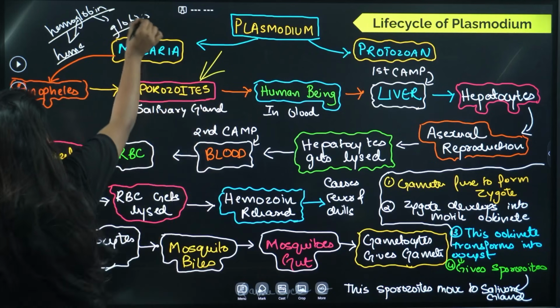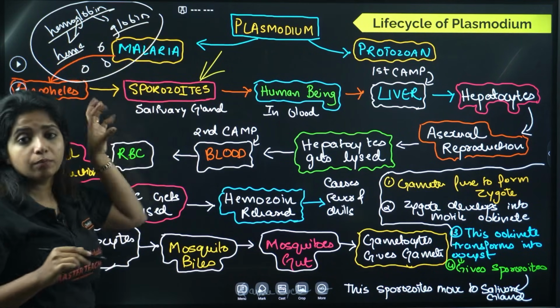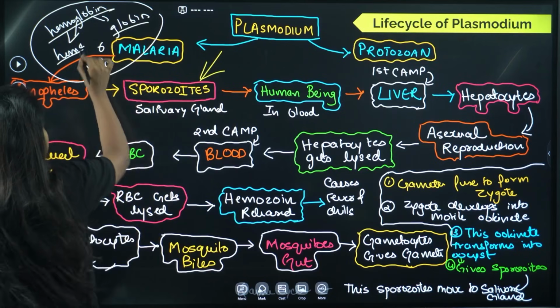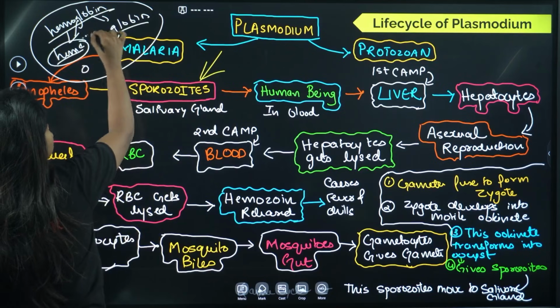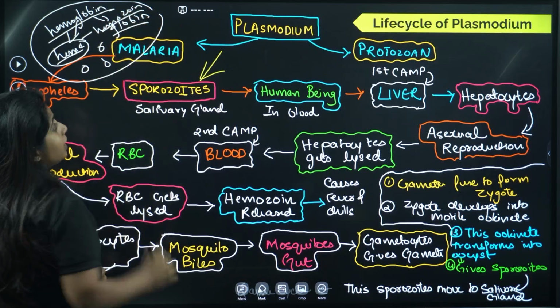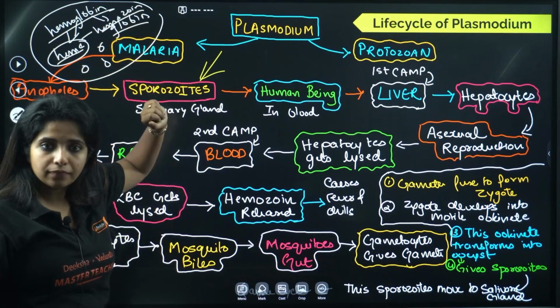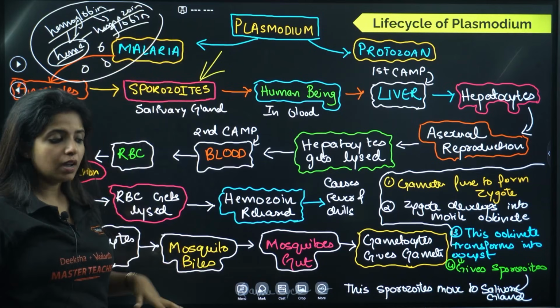So within the cell they were doing all this, and here you have the Plasmodium also. It is very toxic for them to stay with heme. So they convert the heme into something else which is known as hemozoin. What do you call it? Hemozoin. So hemozoin is now being produced by them. They're converting heme to hemozoin to make it less toxic.